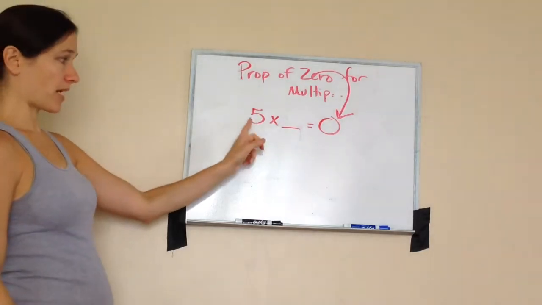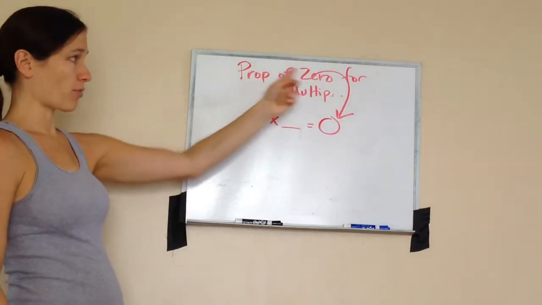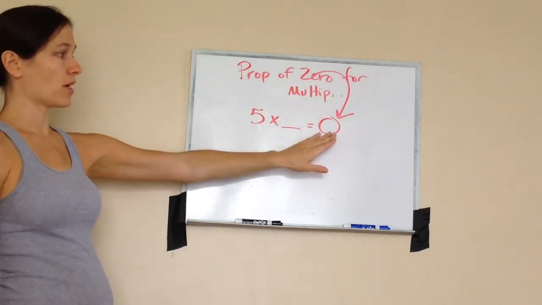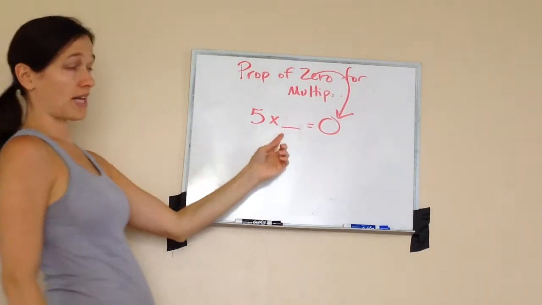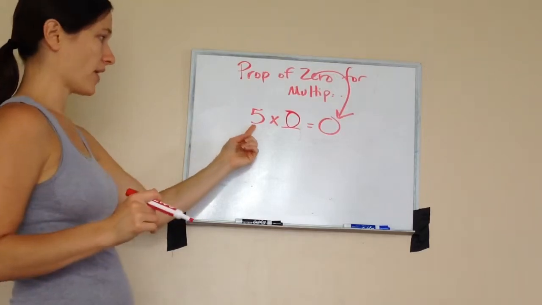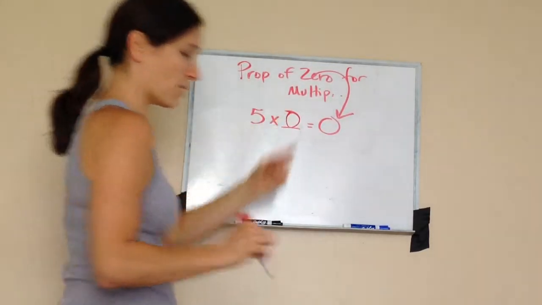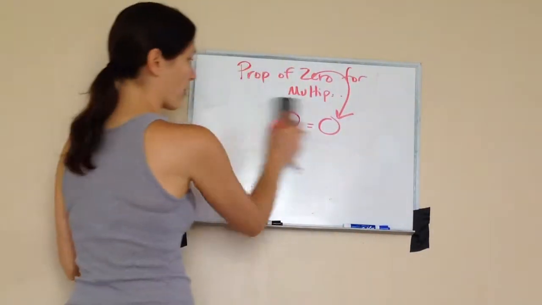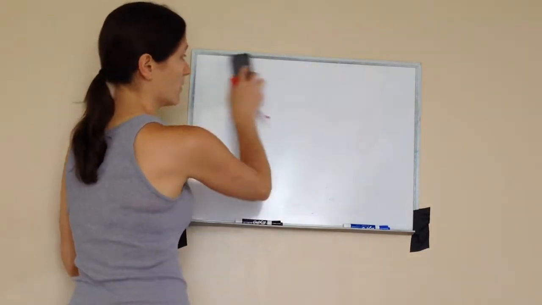So I'm not worried about keeping my identity anymore because I'm working with the property of 0. For this to equal 0, what's going to have to go here? A 0. Excellent. So no matter what number I have here, if I multiply it by 0, I will always get 0. And that's what the property of 0 states.